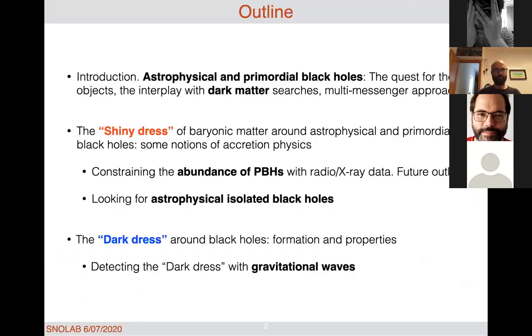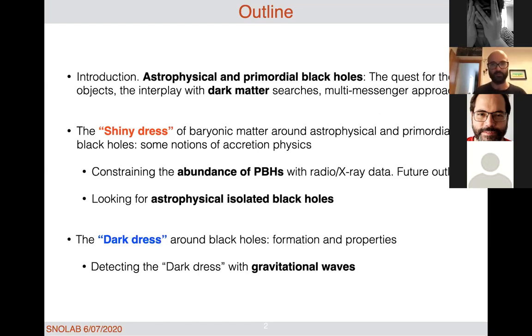So yeah, here's my outline. I will give an introduction about different types of black holes that we know, and what is the nice interplay between the study of black holes and the study of dark matter. And then I will talk about baryonic accretion onto black holes, and how this phenomenon can allow us to reveal the presence of black holes possibly in our galaxy.